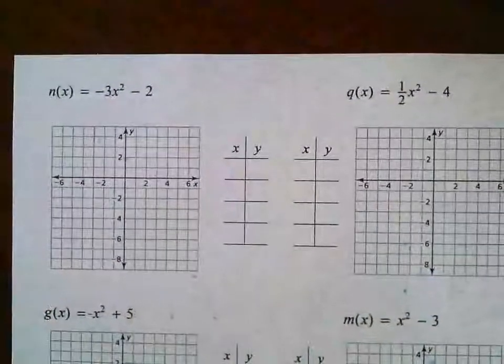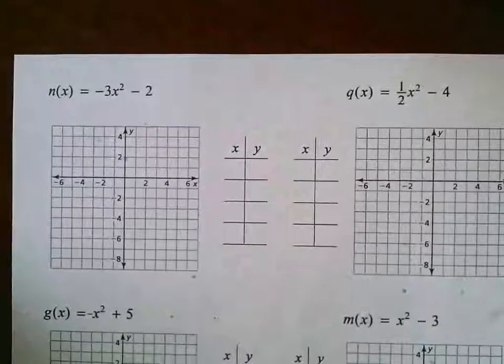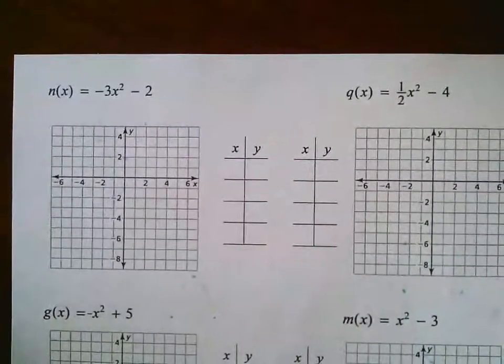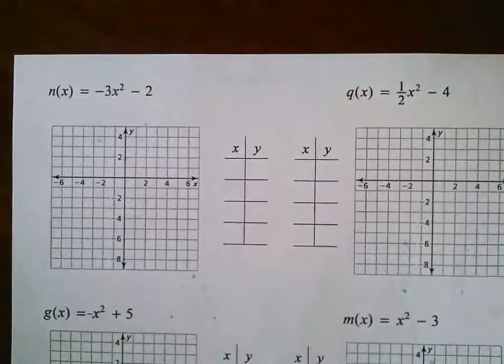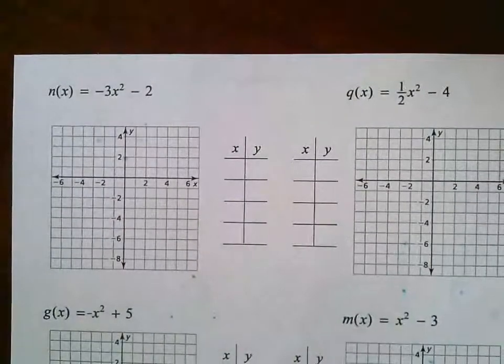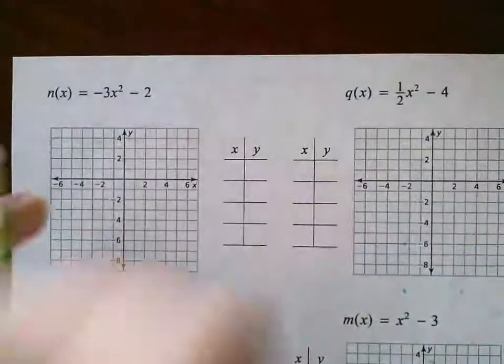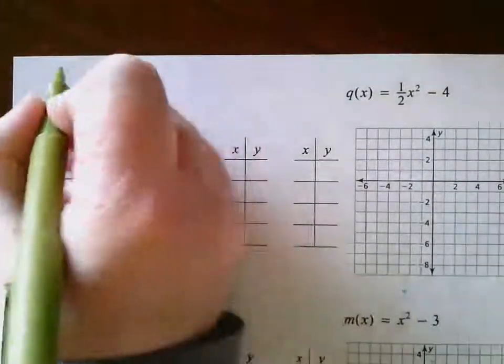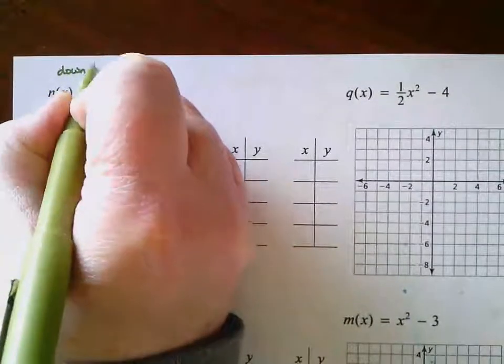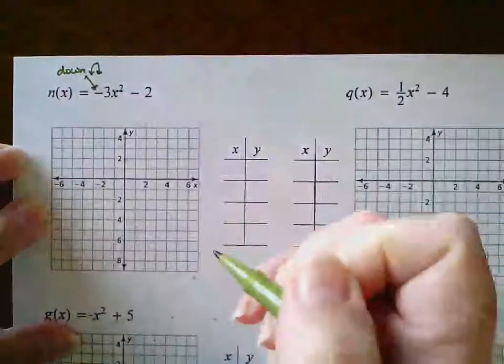So before you even graph something, take a look at it and kind of give yourself a little determination on what it is you're looking to do. So if you take a look at this graph right here, the very first one, what is it doing? Well, first of all, it's going down, right? So it's going to be going down.